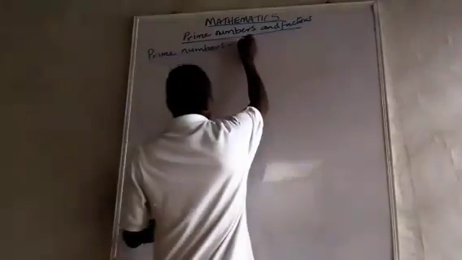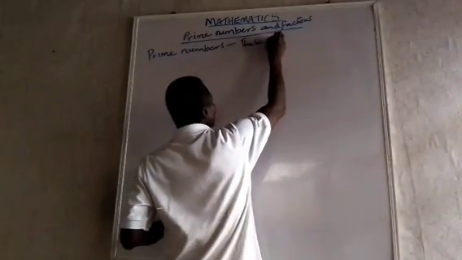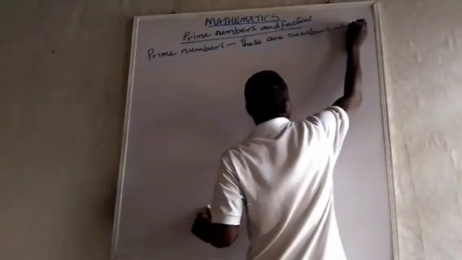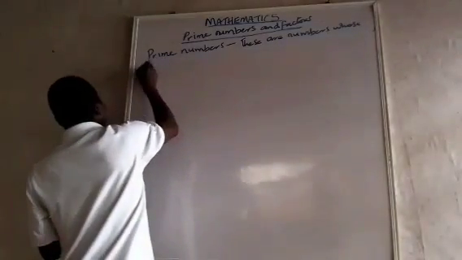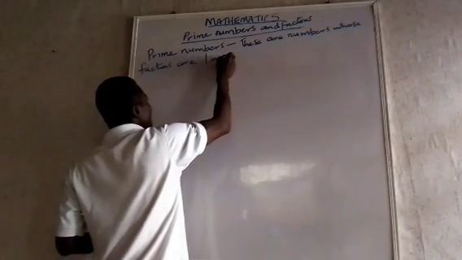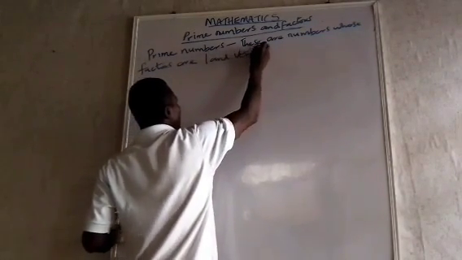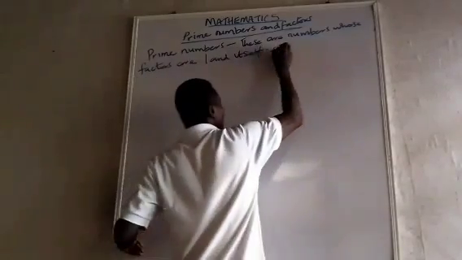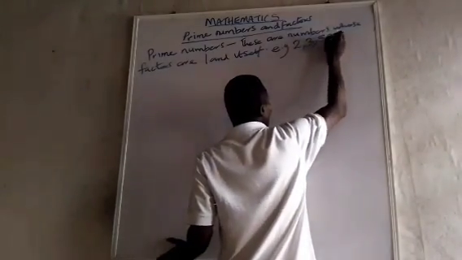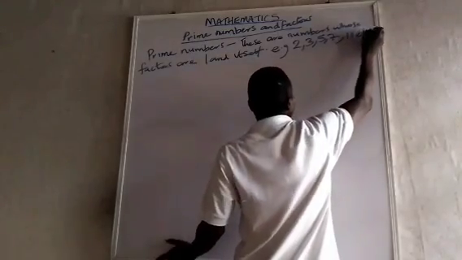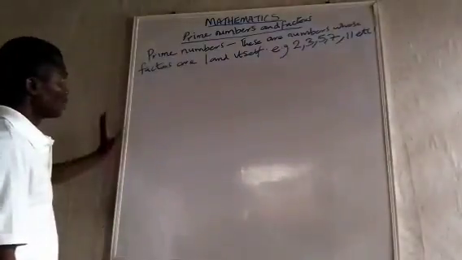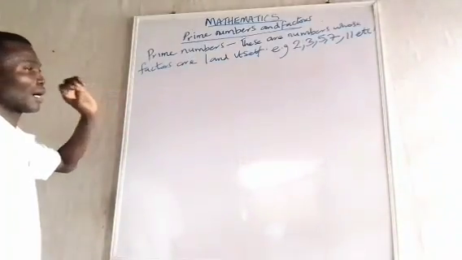So prime numbers are numbers whose factors are 1 and itself. E.g. 2, 3, 5, 7, 11, etc. 13 falls into that group. 17 falls into the group. So those are prime numbers.